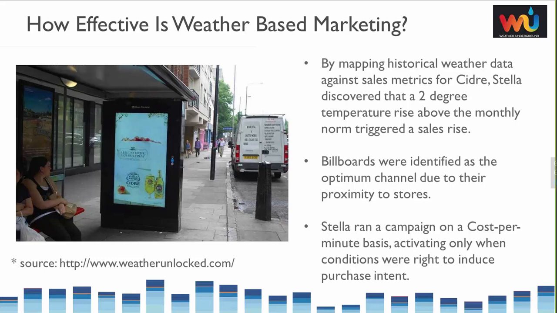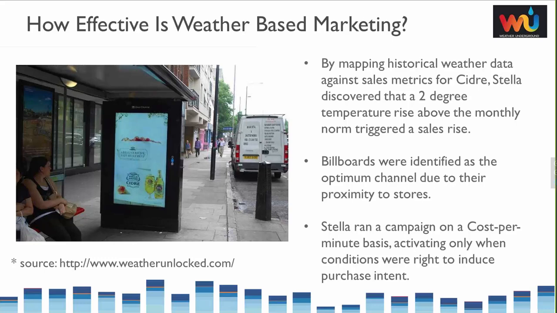So Stella, the company who owns Cidre, the cider product, undertook a digital marketing campaign. And what they did is they looked at historical weather data and compared that with their sales metrics for their cider product. And what they discovered is that a 2-degree increase in temperature caused a huge spike in their sales figures.